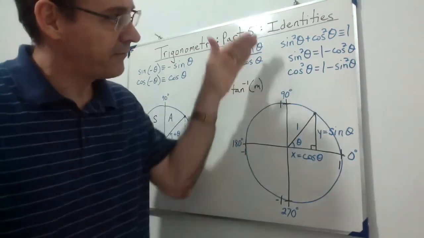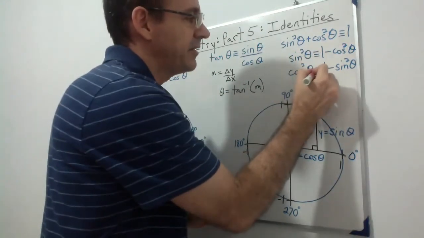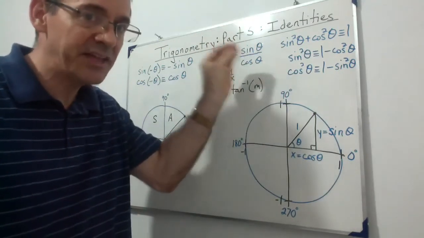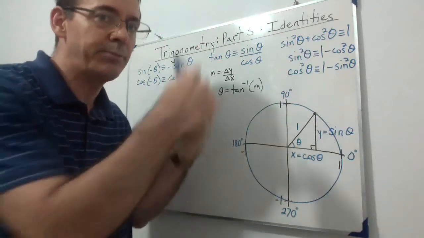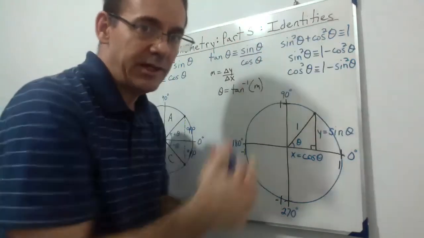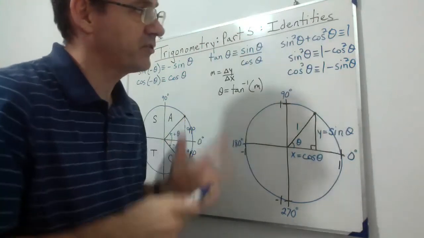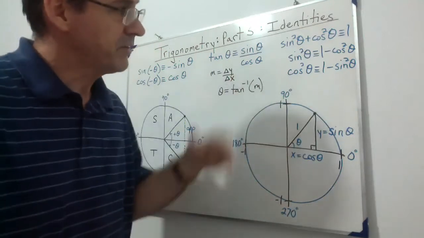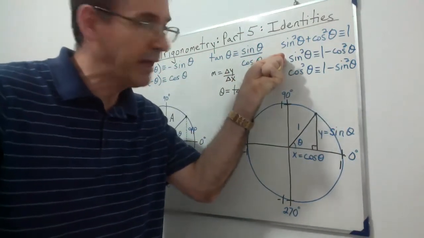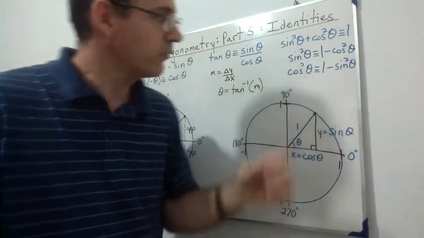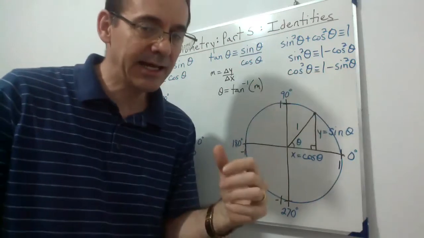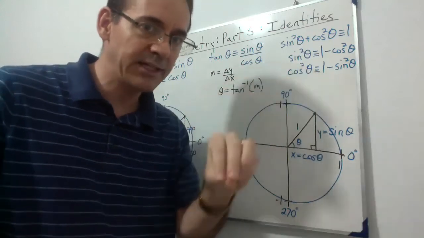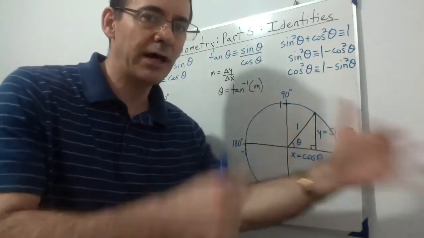I'll make them identities here instead of equations, so each left side is the same as the right side, meaning you can replace one with the other. Obviously sine squared plus cosine squared looks complicated, so you replace it with a 1, much simpler. Sometimes you don't want a sine; maybe you want everything in cosine, or everything in sine. These identities allow you to make substitutions and replacements that can help you smooth out the math.